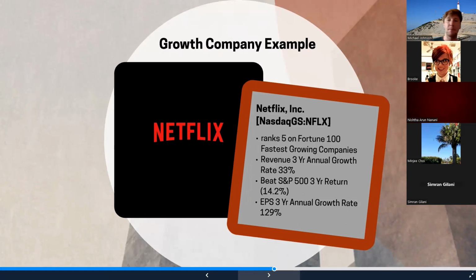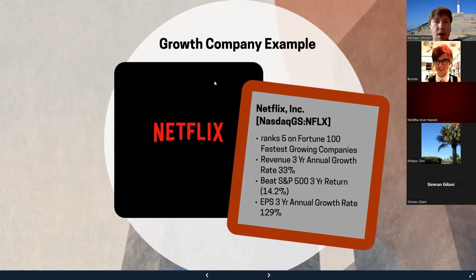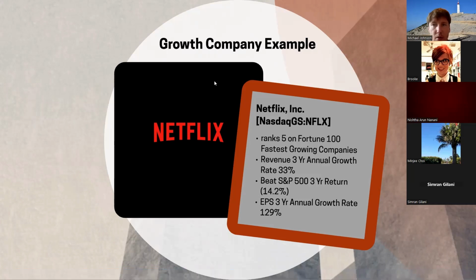So then growth company example, Netflix Inc. ranks 5 on Fortune 100's fastest growing companies. Revenue 3-year annual rate is 33%, beat S&P 500 3-year return. EPS 3-year annual growth rate is 129%. So that's an example of a growth company here.